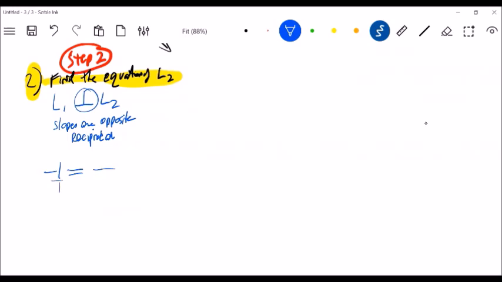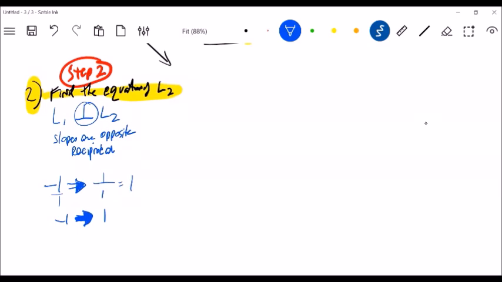First the negative goes away, so the new one becomes positive. It's not an equal sign here, it's just an arrow. The new one becomes positive, and we switch 1 over 1, which isn't really much switching. It's still 1. So the -1 slope changes to a +1 slope, since 1 is its own reciprocal.